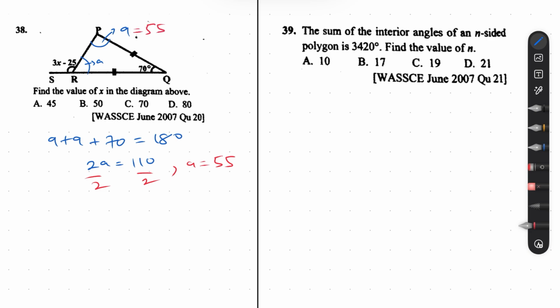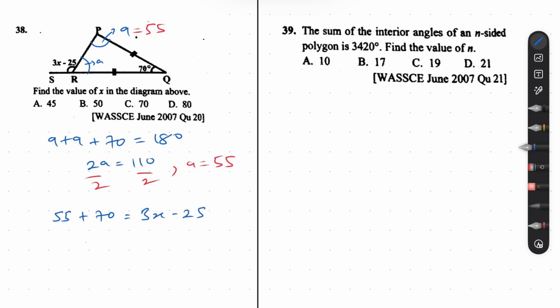Now, our work becomes very simple because we know that when we sum these two interior angles, we get the opposite exterior angle. So let's do that. We have 55 plus 70 should give us 3x minus 25.